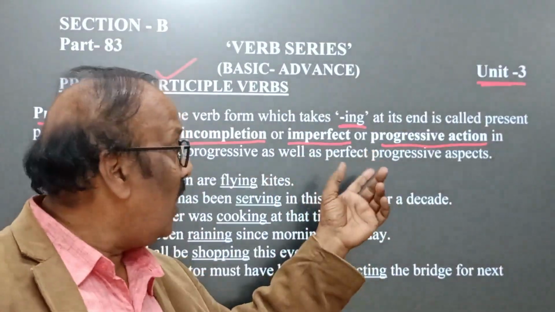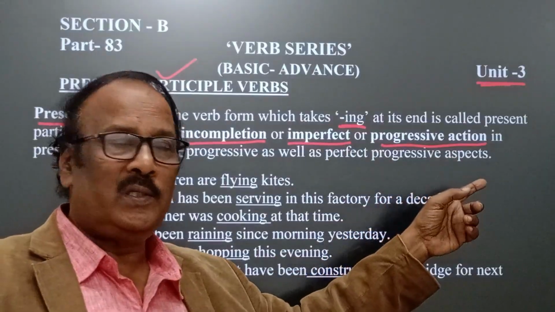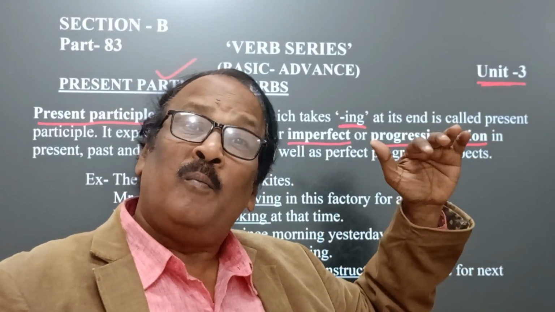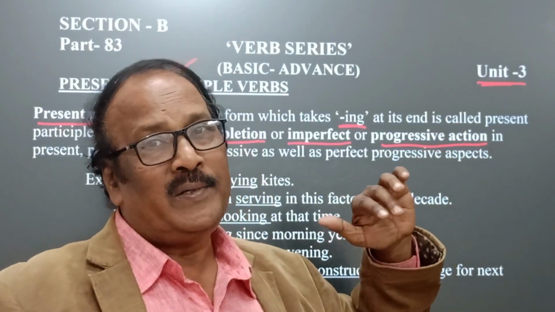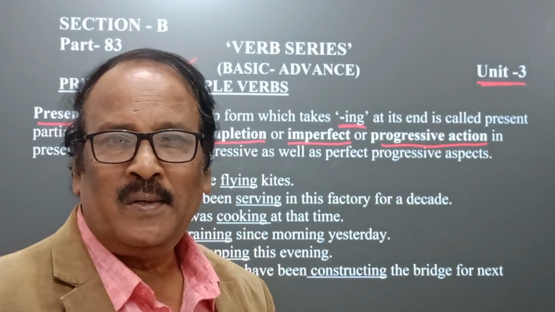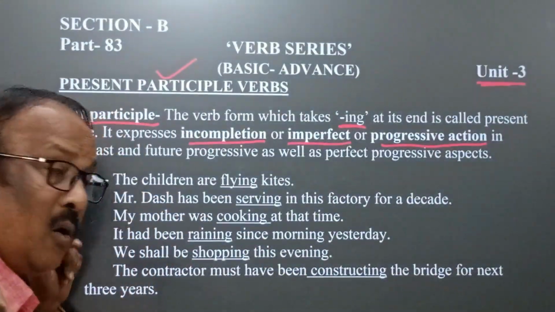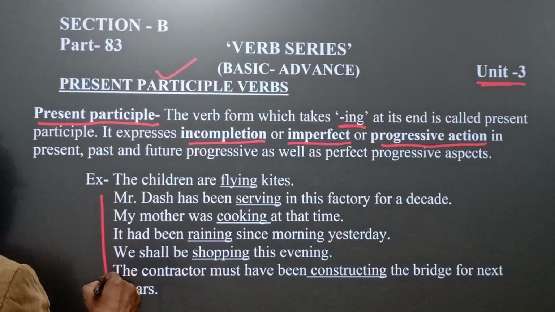Present participle form is used in both progressive and perfect progressive aspects. Okay, and how? Let's see some examples.